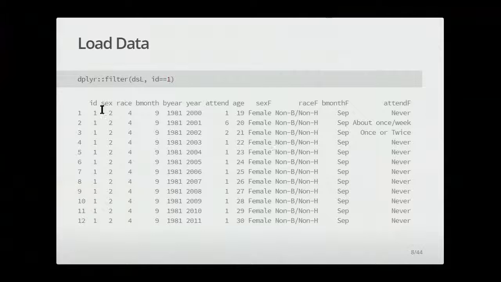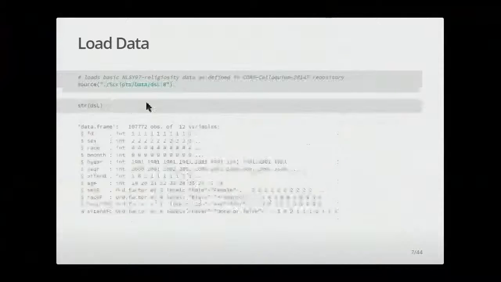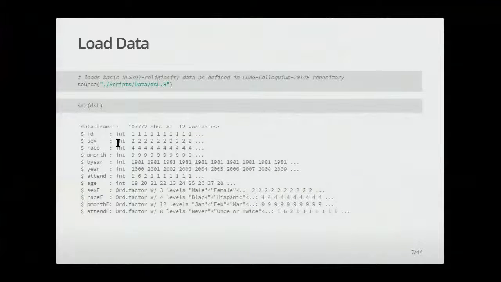You can see variable sex here is stored as integer. This is how it came from the archive. However, we recoded it manually to be an ordered factor, and it's called sexf. And other variables follow suit in the same manner.